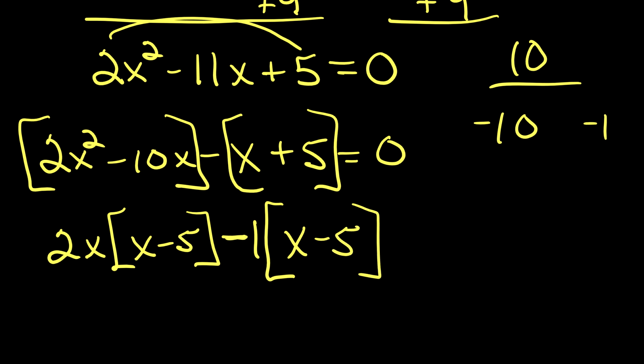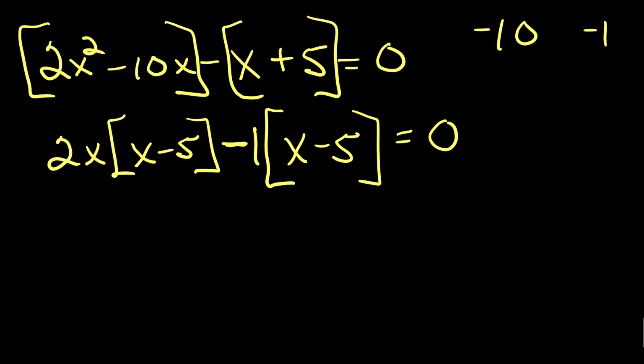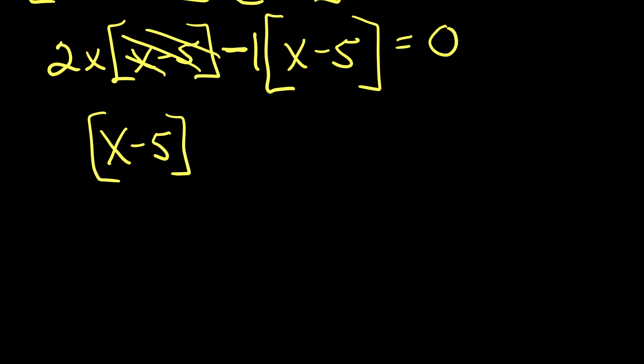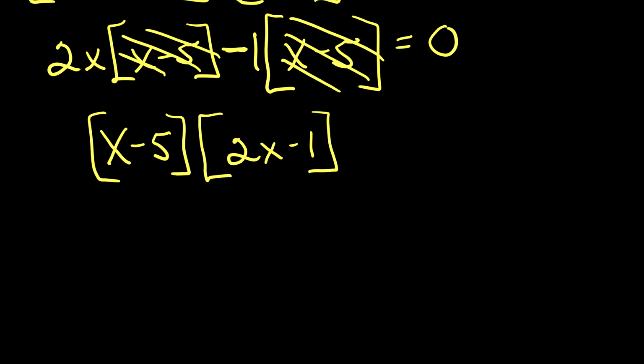Okay. Still equal to 0, but I've got to factor out that common binomial factor now of x minus 5. And that's gone now. I factor out the x minus 5, and what's left over is 2x minus 1. Both equal to 0.